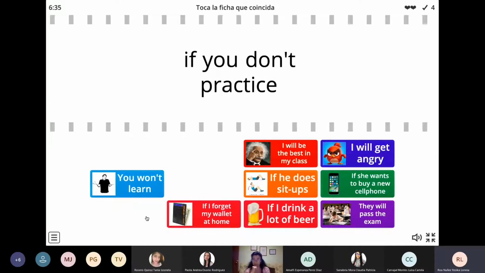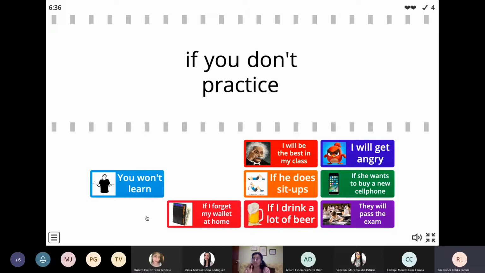Continue. The other condition. If you don't practice, what do you think is the second part? If you don't practice, you won't learn.